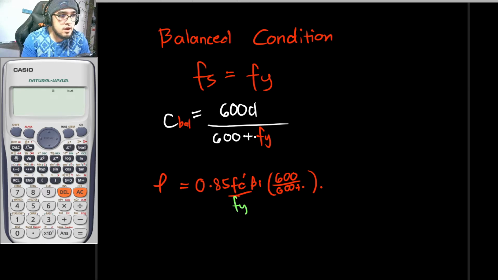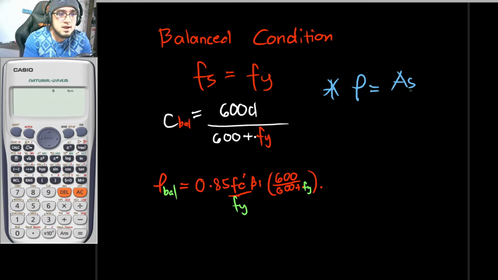So Fy and Fy. This is now what you would be calling your rho balanced. And if you can remember earlier, take note, rho is equal to the ratio of the area of the steel divided by bw d. So solving for As, As is equal to rho bw d.